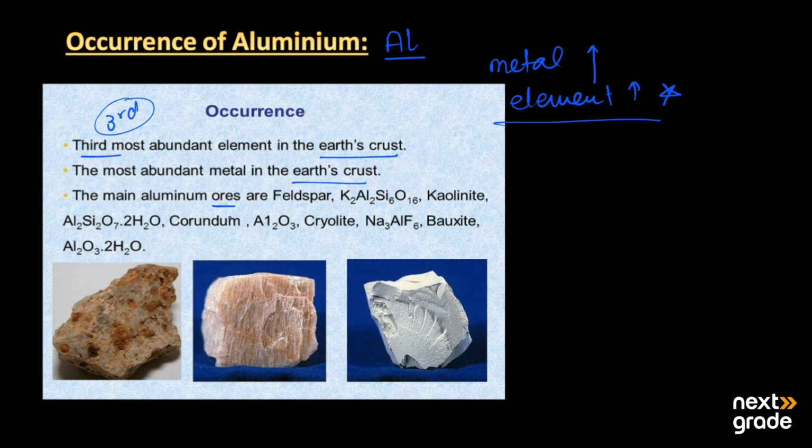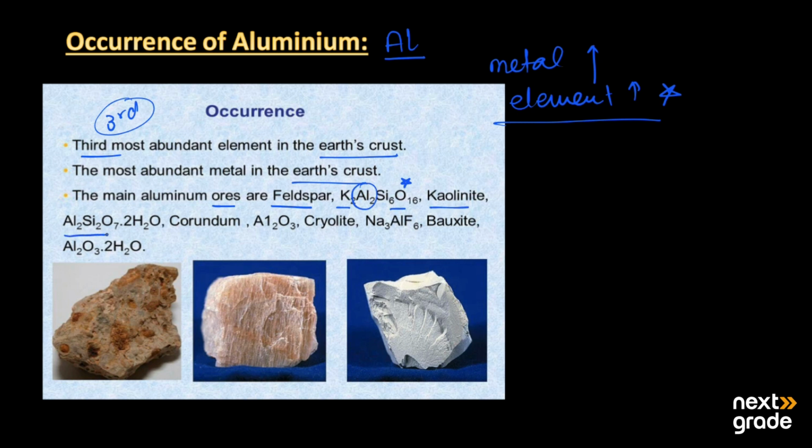Ores are basically maybe the oxides of different metals. Its main ore is feldspar. Its formula is K2Al2Si6O16. Here you can see that we have oxygen along with the aluminium. Next we have kaolinite.